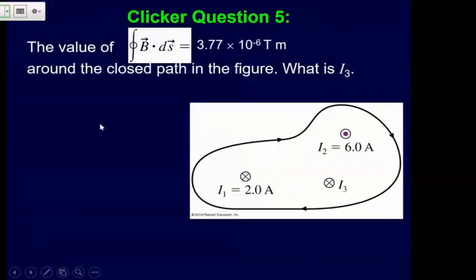So here we have the value of B dot ds in this particular situation is 3.77 times 10 to the negative 6 Tesla meters. I want you guys to find out what is I3 in this case.